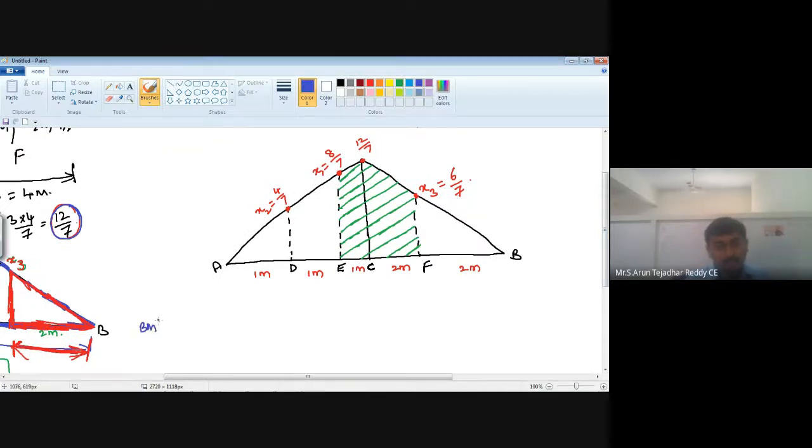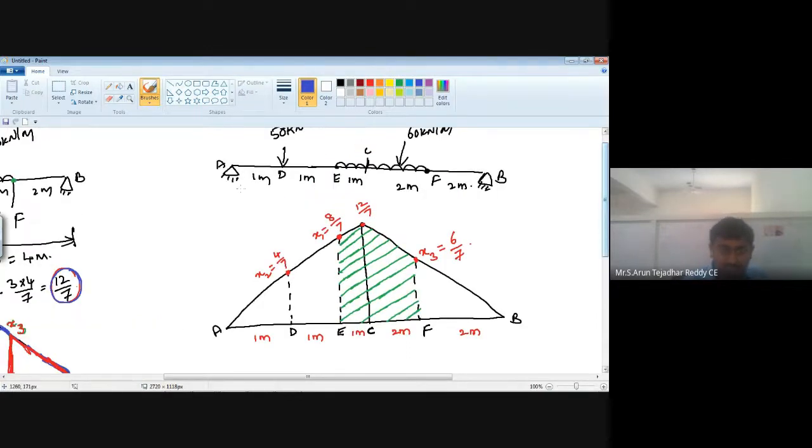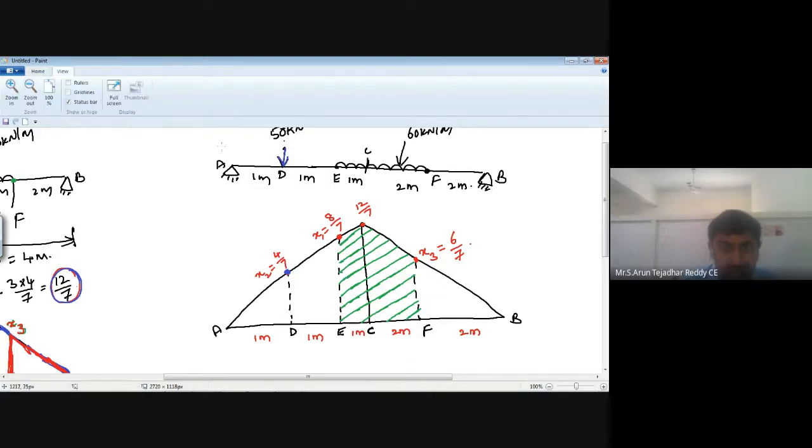Bending moment at C is equal to, very easy. See, here the load is acting and here we have a one ordinate. So load into ordinate, 50 into 4 by 7.